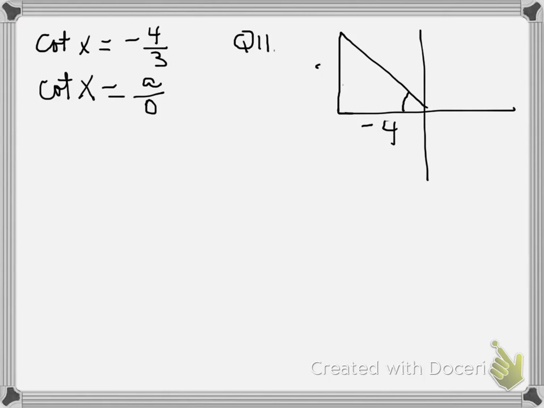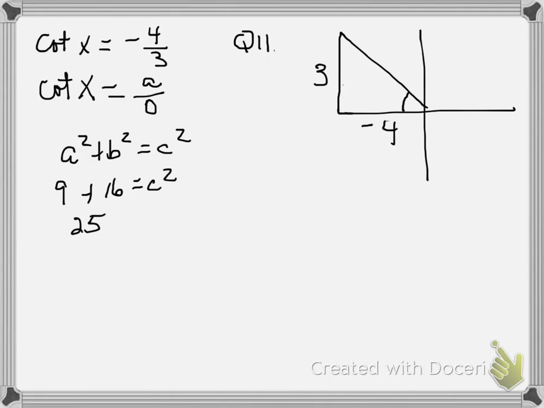And then my opposite will be the 3. Now using my a squared plus b squared equals c squared, I can find the hypotenuse. So I have 9 plus 16 equals c squared. 9 plus 16 is 25 equals c squared, and c equals 5. So the hypotenuse is 5.